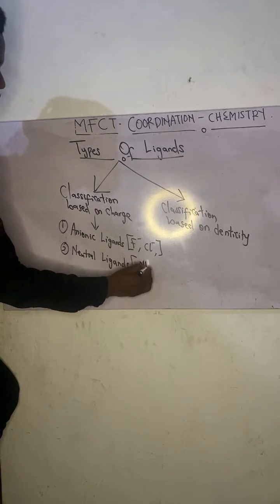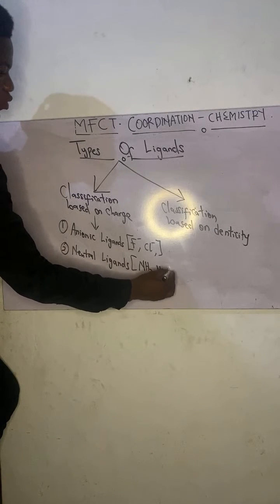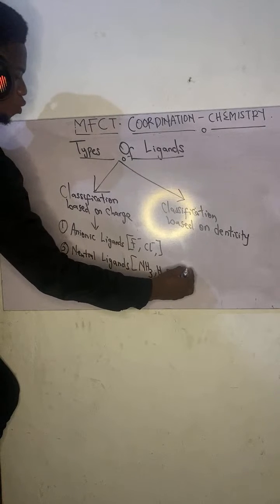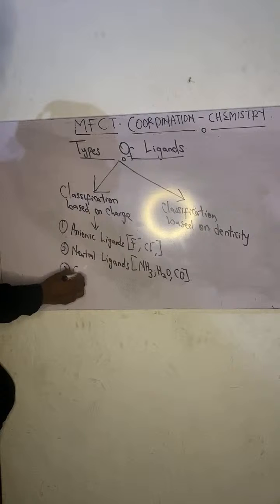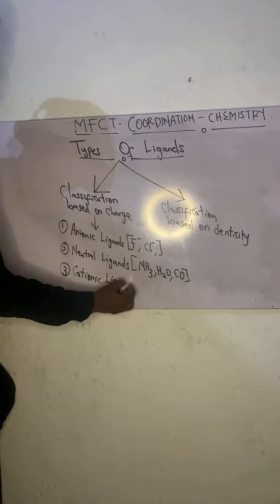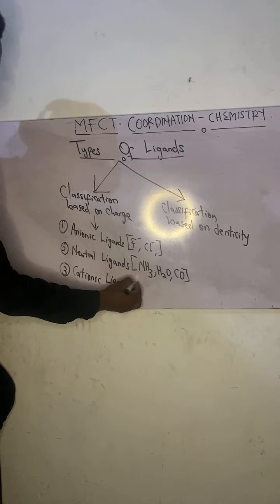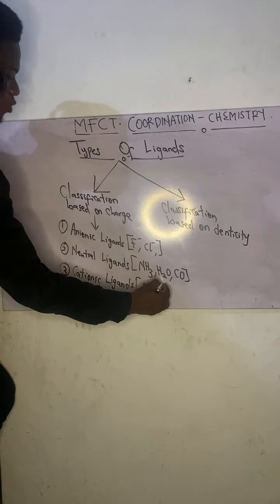Examples are NH3, H2O, CO. And we can also have the cationic ligands, and an example is NO+.